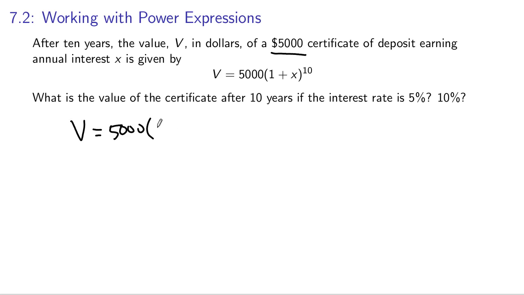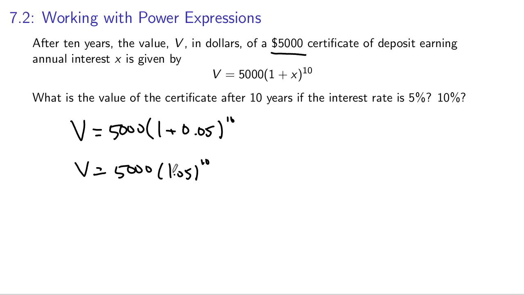So 5,000 times 1 plus 0.05 for 5% to the 10. 1 plus 0.05 is 1.05 to the 10th power. We need a calculator to find it quickly.